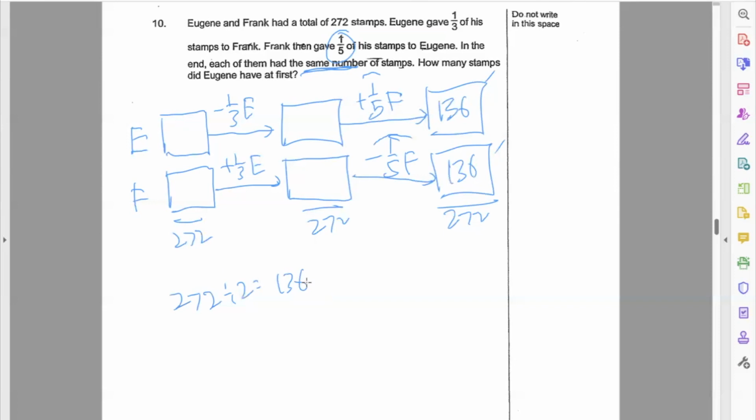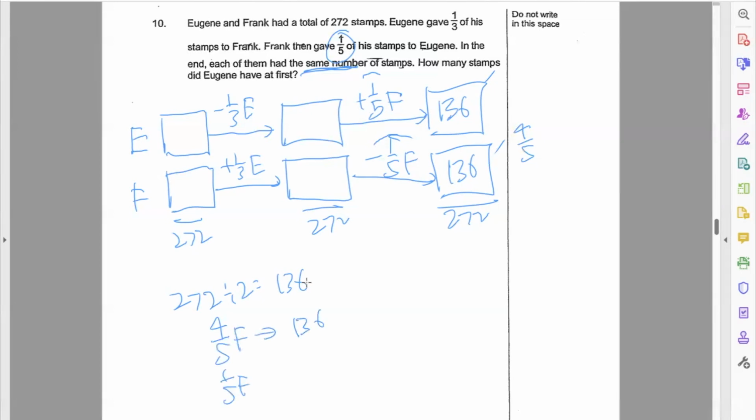If Frank has given away 1/5, then 136 must be 4/5 of what Frank has left. So 4/5 of Frank's stamps must be equal to 136.